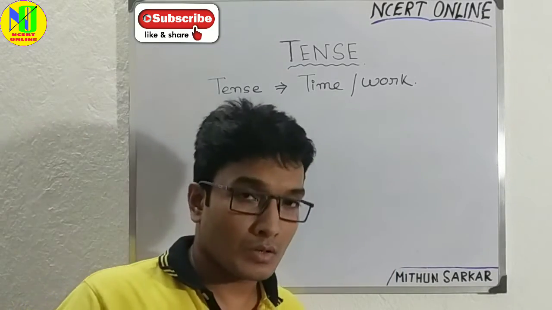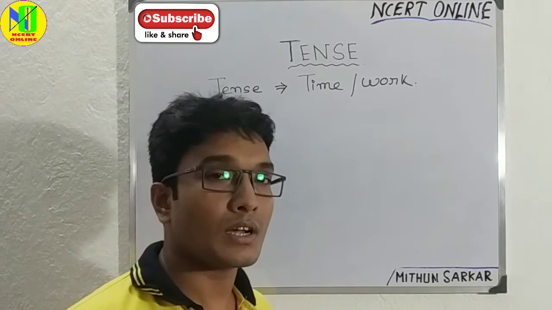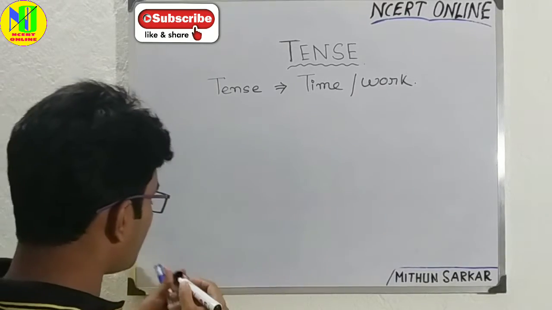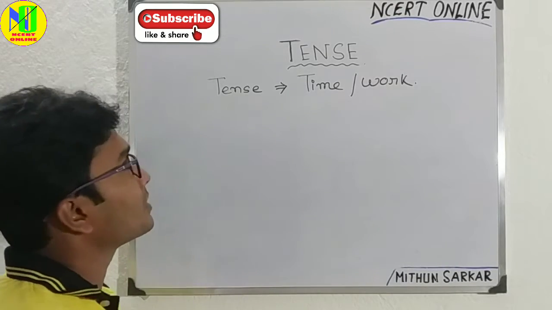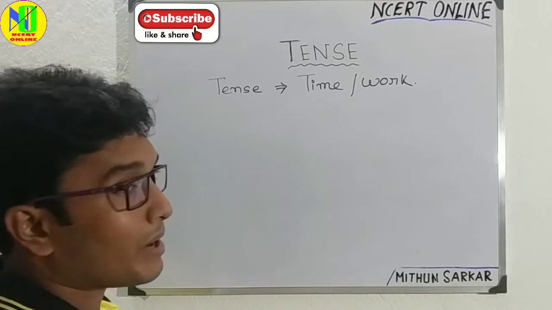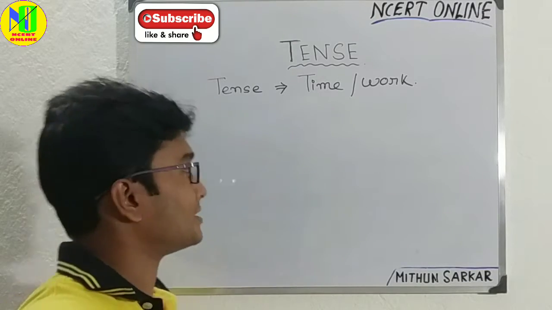Because we will discuss examples here so you can understand very easily. Students, tense is mainly of three types. First one is past tense, then present tense, then future tense.